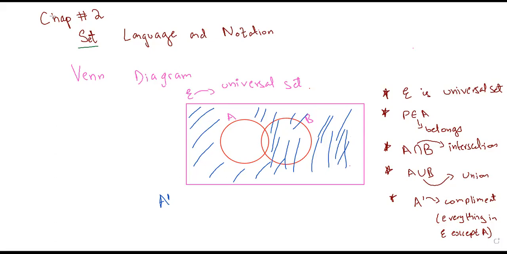This is the very first example which we are going to talk about. We have two sets. This is A and this is B. And this obviously is the universal set. What if I say, what is A intersection B? This is the most basic example.